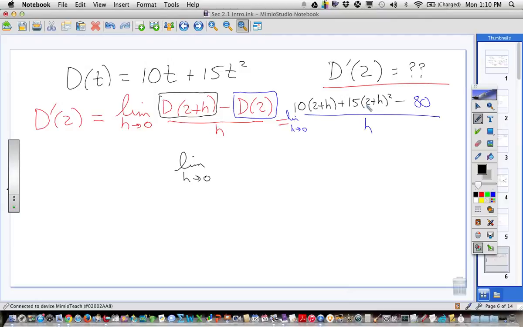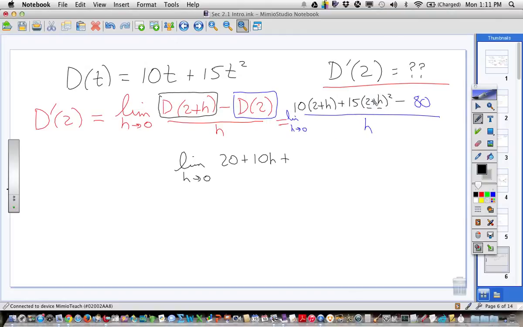Now we got some algebra to do. The first part's pretty easy. That'd be 20 plus 10h plus, now we got a problem. What do you get when you square this? Very good. Do not distribute that squared. That is not 4 plus h squared. You have to FOIL that.